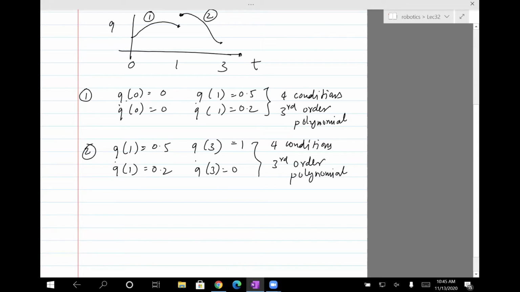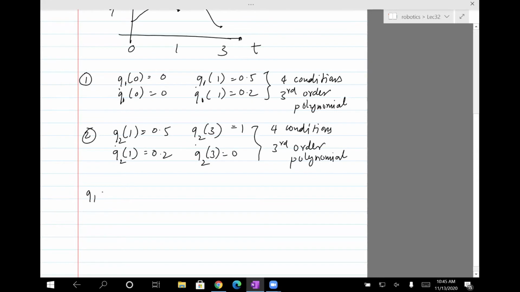I'll call this q1, just so that it's easier to link them up. Then q1 of t should be a third order polynomial. Now, instead of writing a0 and a1, I will write it with two subscripts. The first subscript means it's for the first part of the motion, and then the 0 represents the constant term.